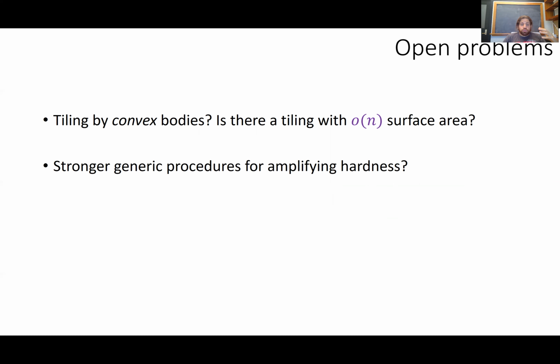Secondly, we can ask for more generic procedures for amplifying hardness, because it would be very nice to build up our arsenal in order to maybe eventually prove this max-cut versus UG connection.